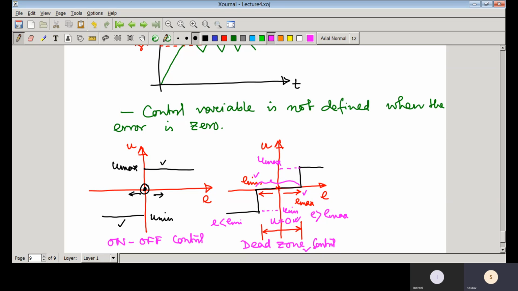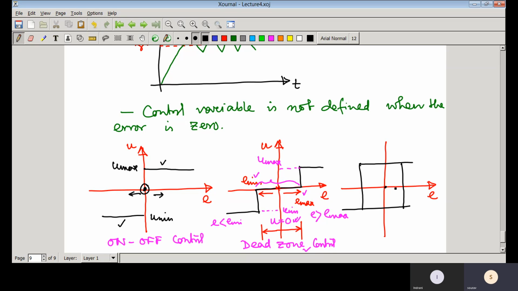Sometimes we also use another type of control strategy called hysteresis control. In that case, we keep some overlap. The overlap is like this.